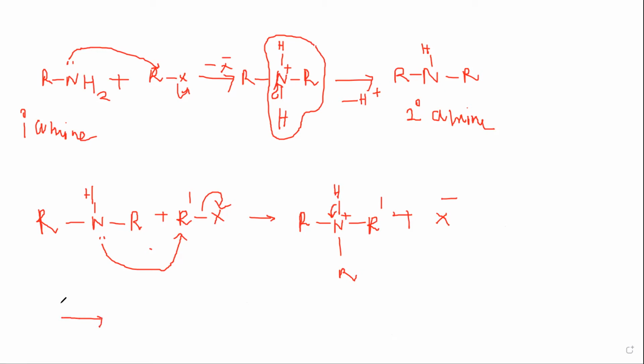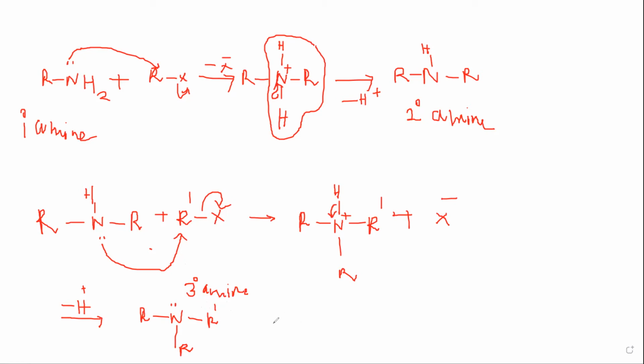And you will be getting R, N, R, R dash, where one group is R dash and the others are R. Now we can say this is a tertiary amine, where all the hydrogen atoms of ammonia are replaced by alkyl groups.